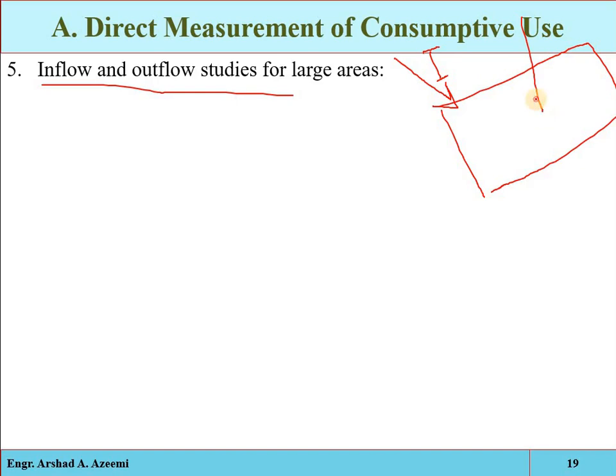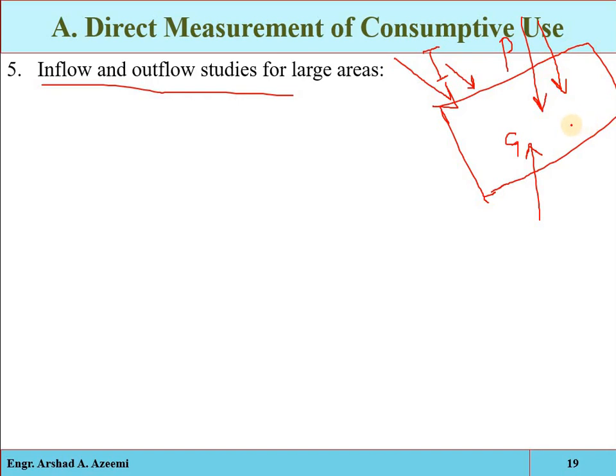The second is the water inflow from precipitation. And the third possibility is the water from the ground surfaces. In this method we measure how much water entered the area by surface means throughout the year, and how much precipitation occurred in that area.